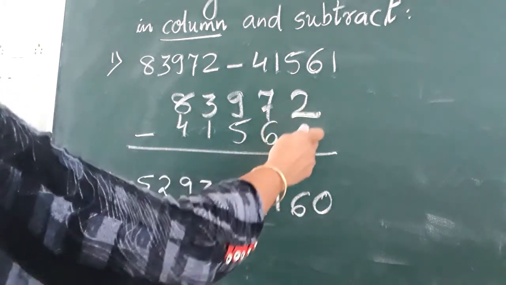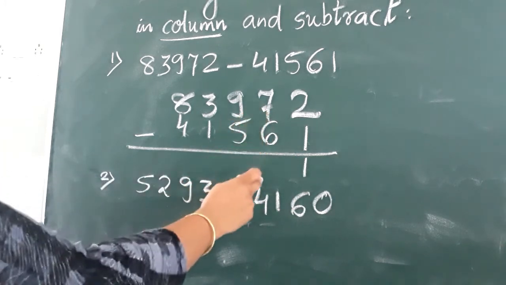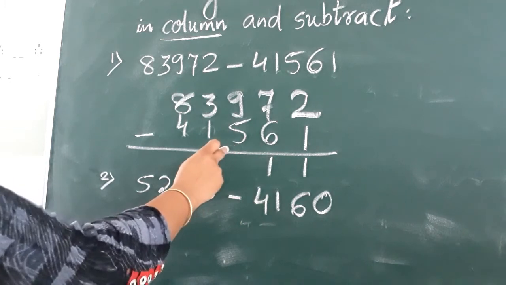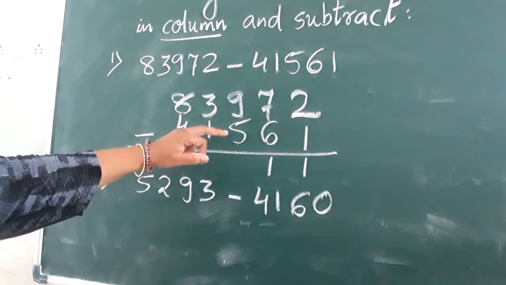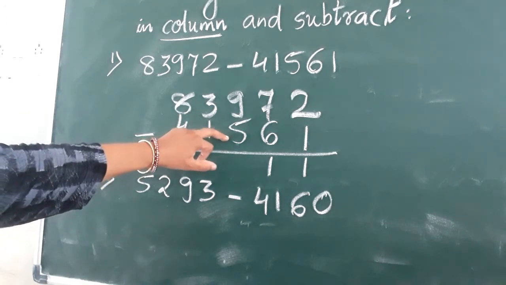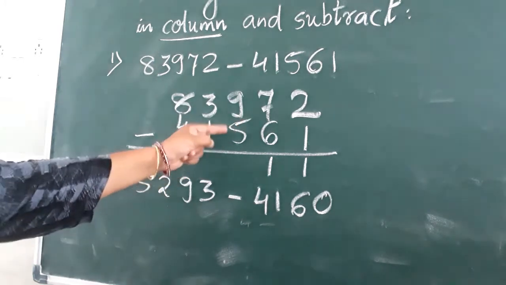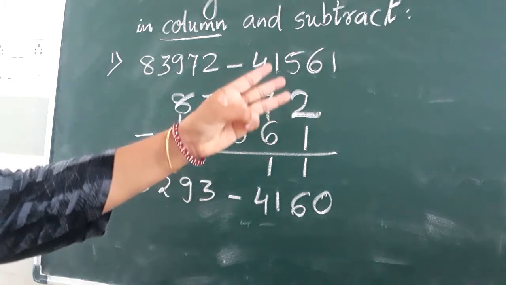So here 2 minus 1 is 1. 6 is subtracted from 7, that is 7 minus 6 is 1. 9 minus 5: you can go by counting after 5, which number comes, and reach up to 9. That is 6, 7, 8 and 9.